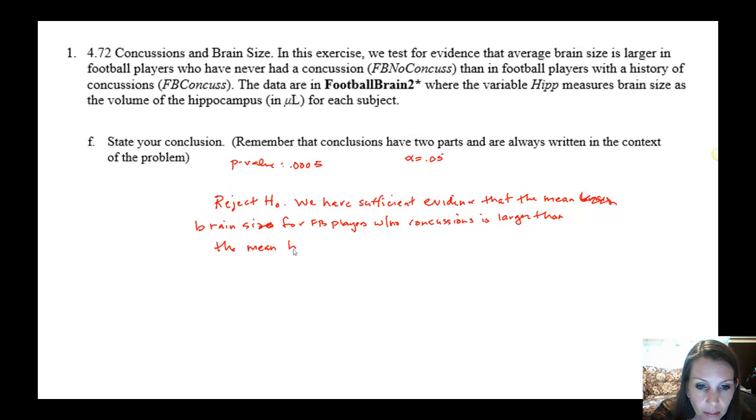So it's larger than the mean brain size for players with concussions.